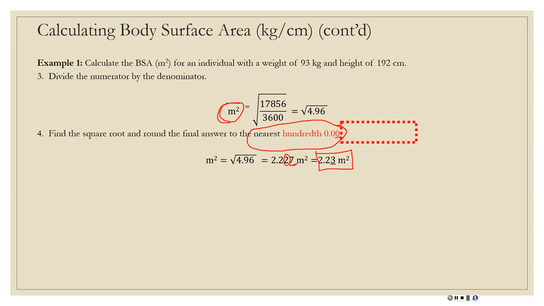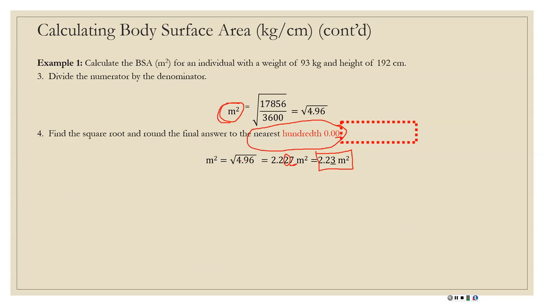Get it in your mind that meters squared always has 2 decimal points. It has to be to the hundredth. A lot of students will keep the number in their calculator after they push that square root function for the next step of these problems, and that's absolutely fine. I have the quizzes worked out for a couple of different ways because some students will get a little bit more accurate than others.